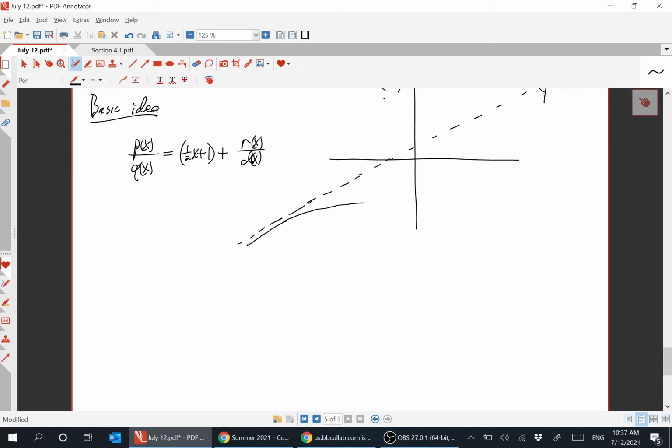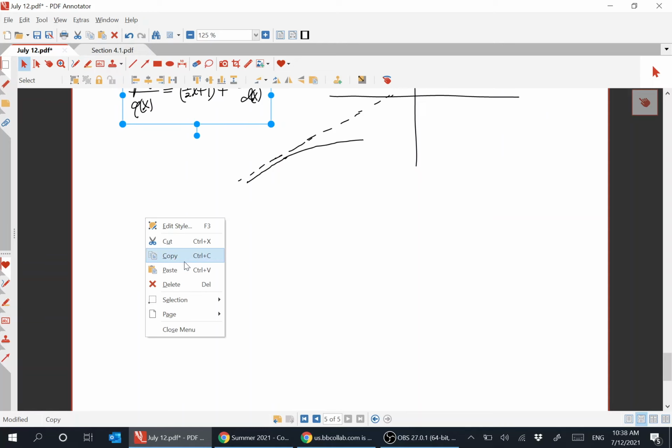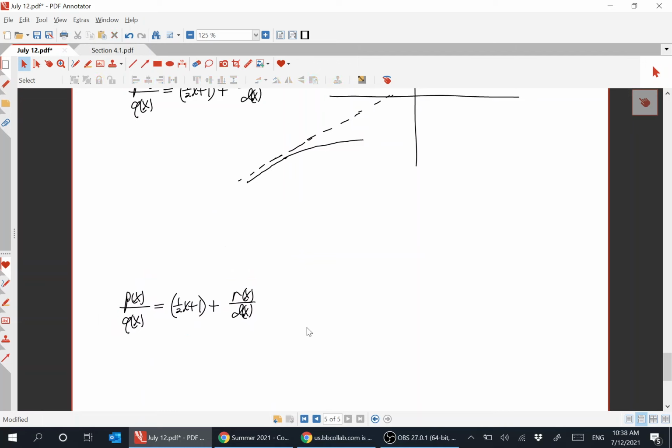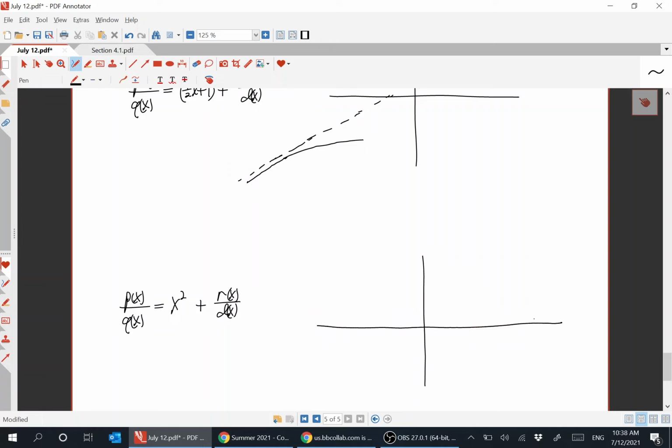So suppose you had this instead: x squared plus r of x over the denominator. What does that look like? What's the graph of y equals x squared? It's that basic parabola.